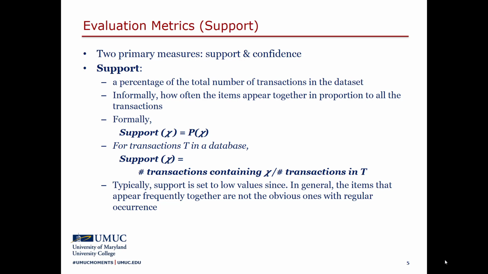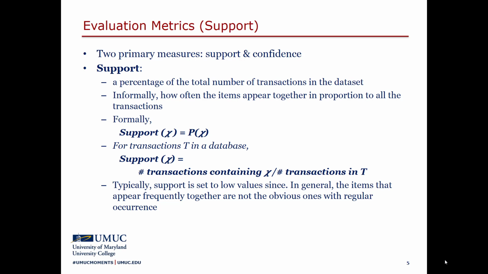So you put some threshold value for the support, and things that are considered frequent are measured against that threshold value. Informally, this is how often the items appear together in proportion to all the transactions. So you scan the entire transaction set and then identify those frequent item sets based on a support threshold.